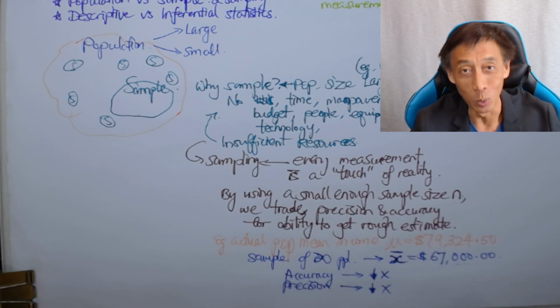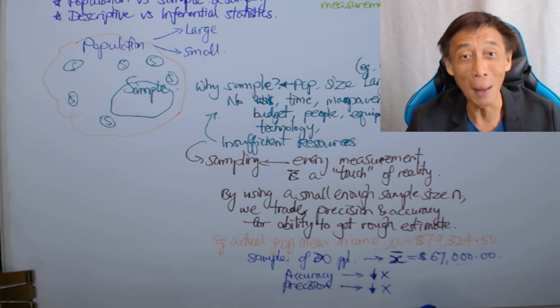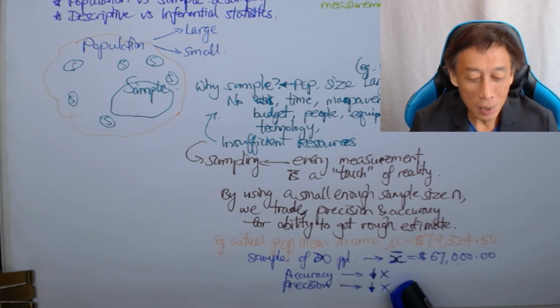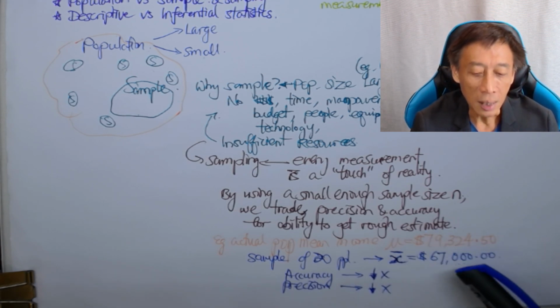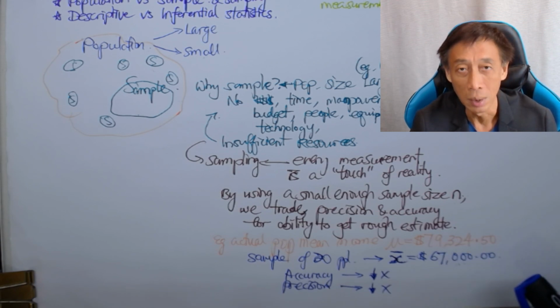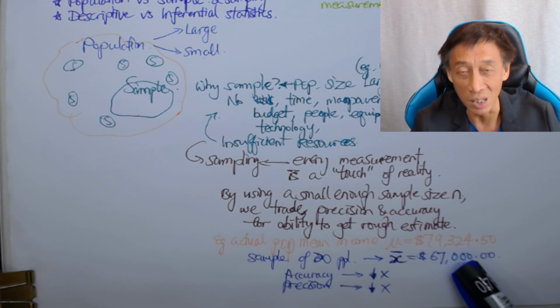But at the same time, in statistics, we look at it the other way around. It's not bad. It's pretty good, right? Our accuracy is anchoring us at the 67,000 region, which is not exactly 79,000, but it is not telling us the mean is skyrocket high, like 279,000.